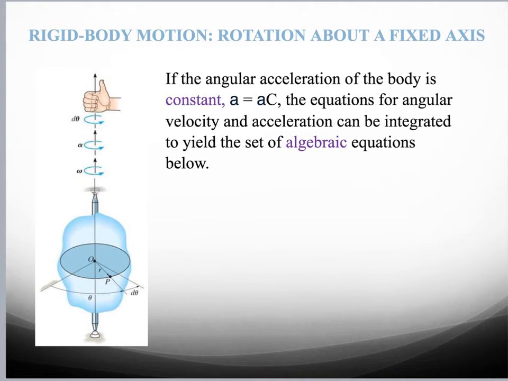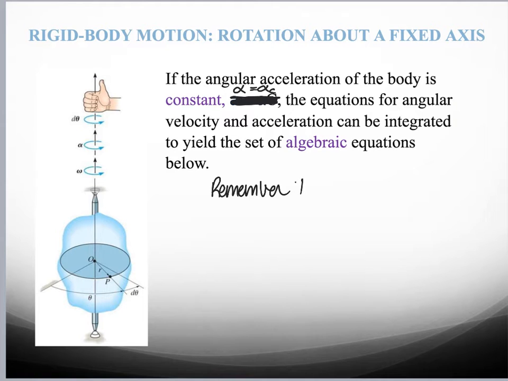One of the special situations is if we have a constant angular acceleration. Again, we're having a little bit of font problem, really sorry about that. So if alpha is equal to some constant value, then this is like the constant acceleration equations for linear motion. So you might remember these, hopefully you do.